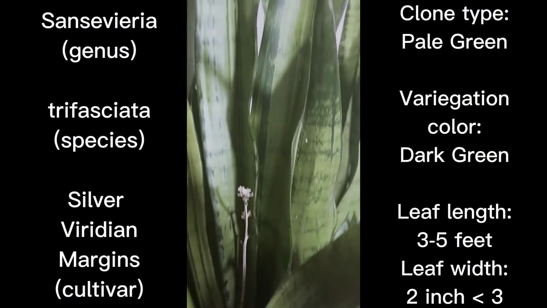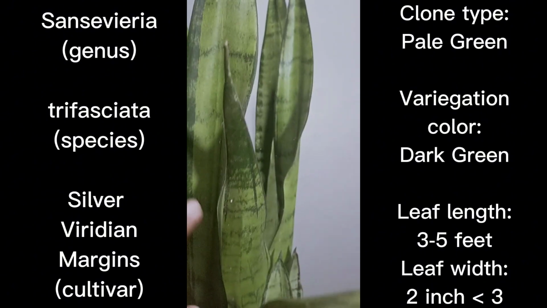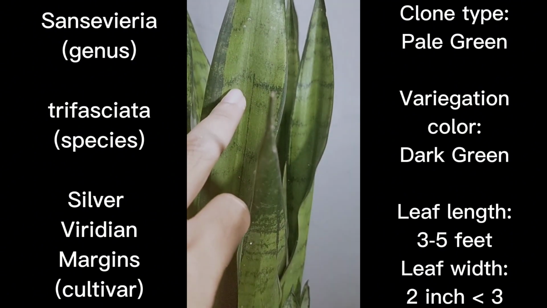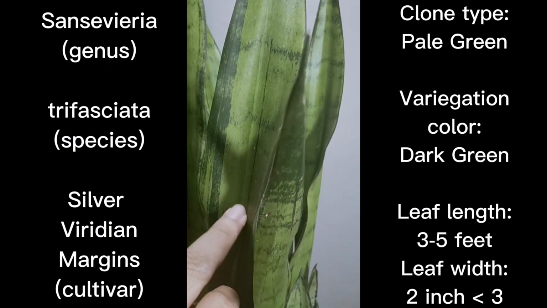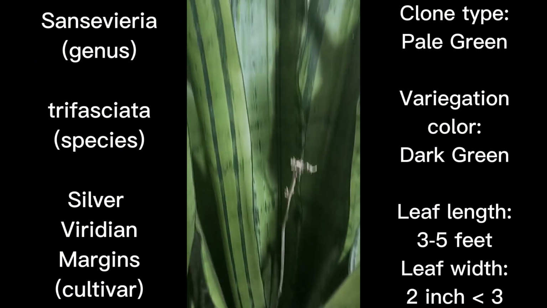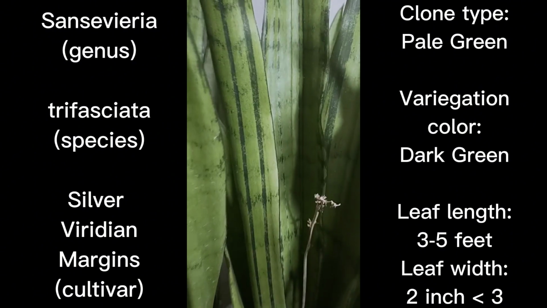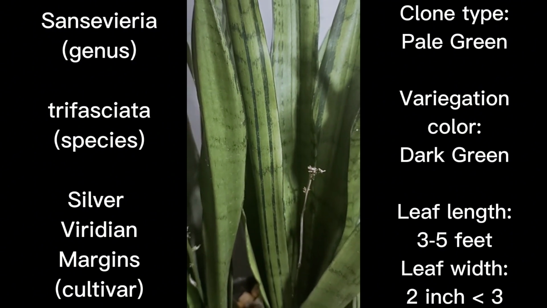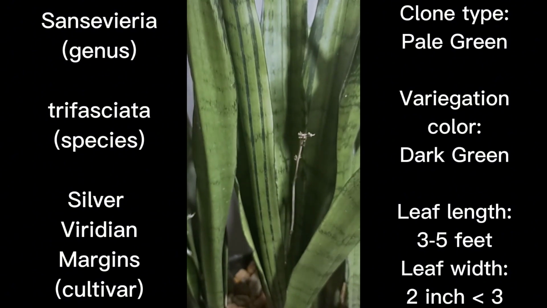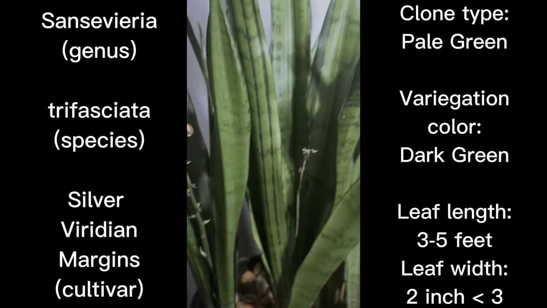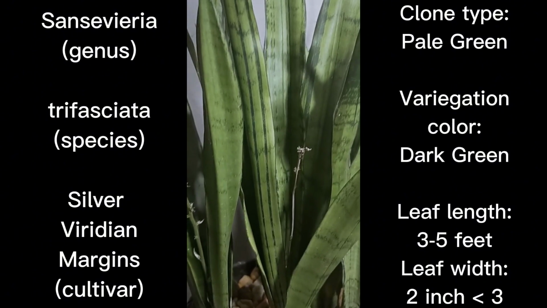So it has the same margins as what I have, but what you see as bandings, which are minimal on what I have, are prominent on the trifasciata green line, and I do not know where trifasciata green line came from. I don't know where it mutated from.